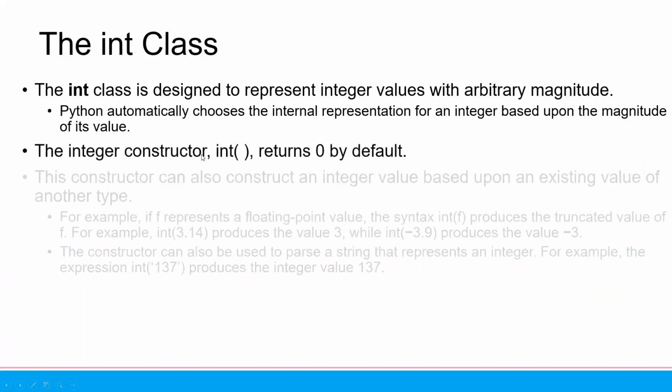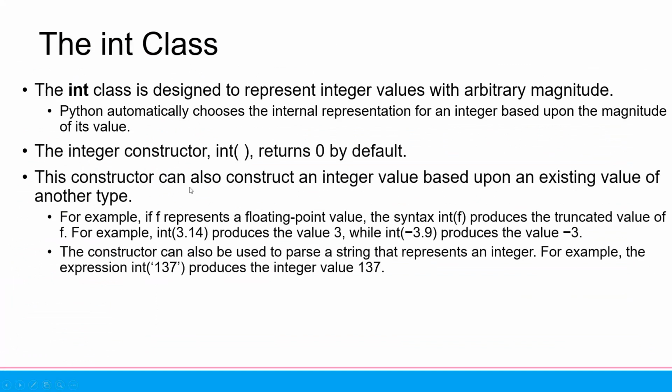This constructor can also construct an integer value based upon an existing value of another type. For example, if f represents a floating point, then the syntax int(f) produces the truncated value of f. That's it.